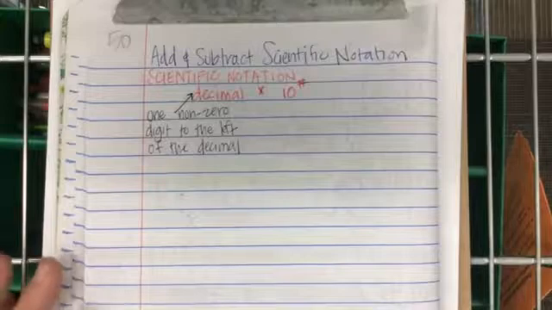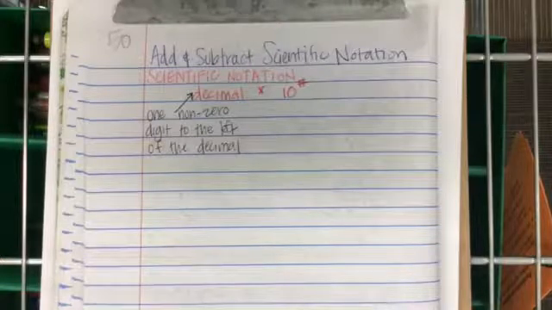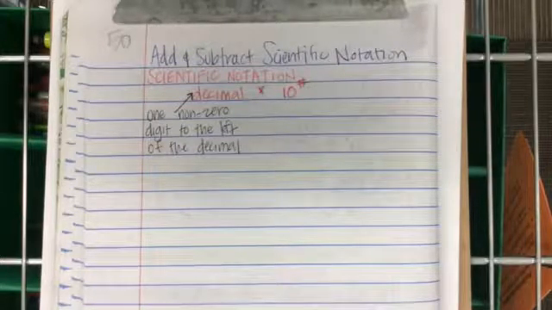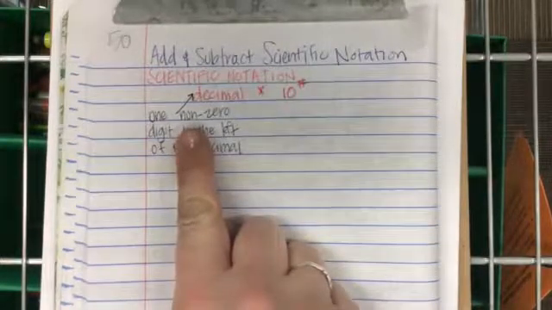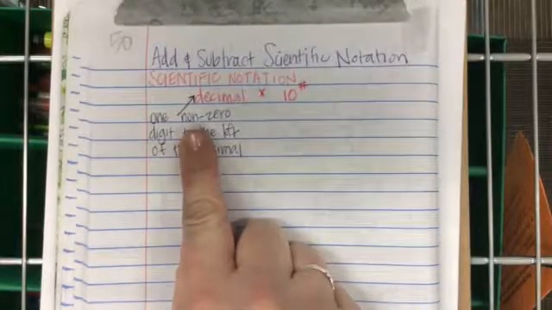The decimal must have one non-zero digit to the left. So like 8.4. Does that work? 0.3. Does that work? No, because it's a non-zero digit, right? Can't be 0 point. It has to be a non-zero digit.